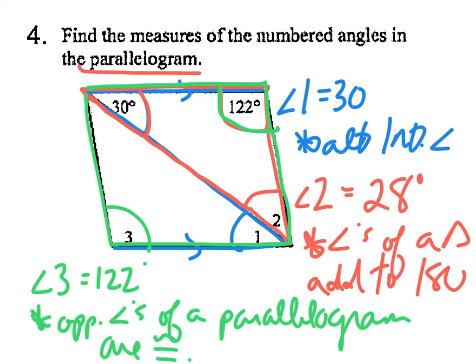So not only did I find each angle, but I also provided a reason why each angle was what it was. All right, and there you go. There's your properties of parallelogram video. And then when we get in class, we'll take this a little bit further.